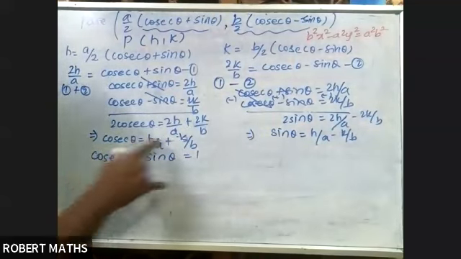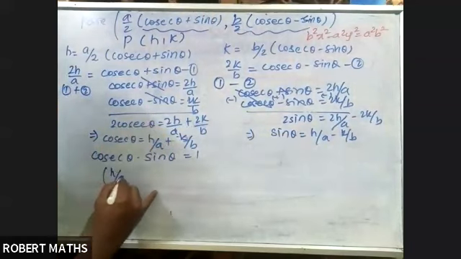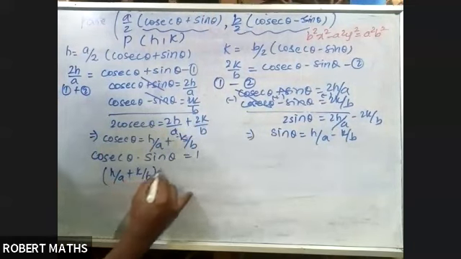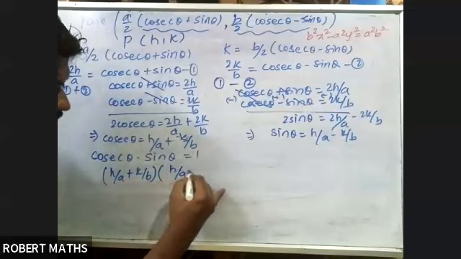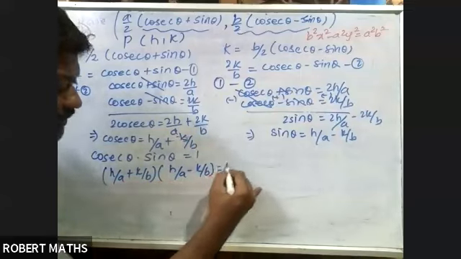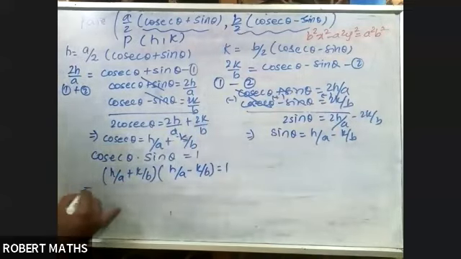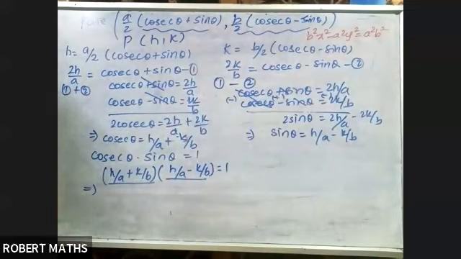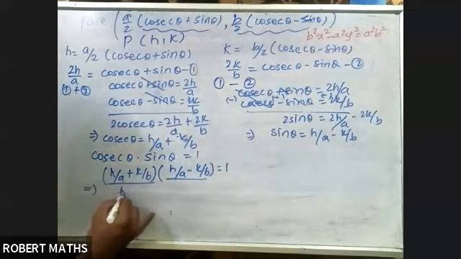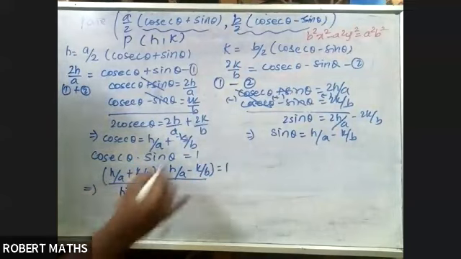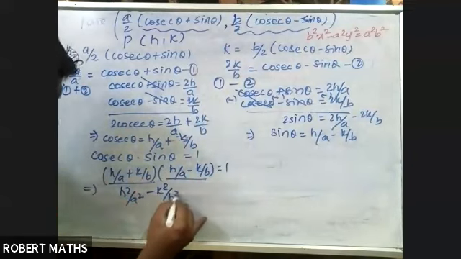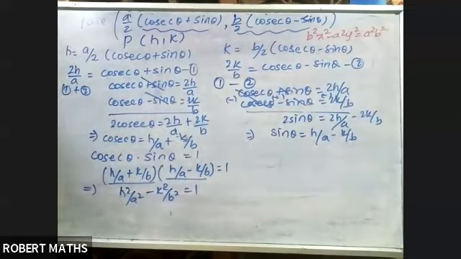Now what is cosecant theta? h by a plus k by b. What is sin theta? h by a minus k by b, which is equals to 1. This is of the form a plus b, a minus b. What is the formula for a plus b and a minus b? a square minus b square. So squaring, h square by a square minus k square by b square equals to 1.